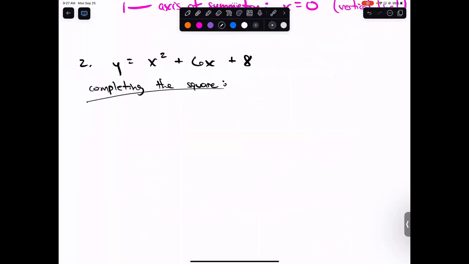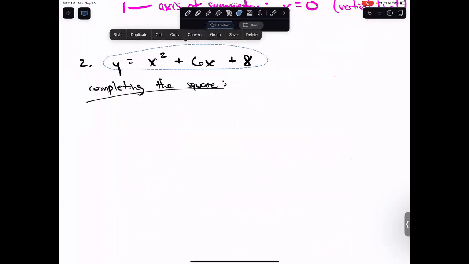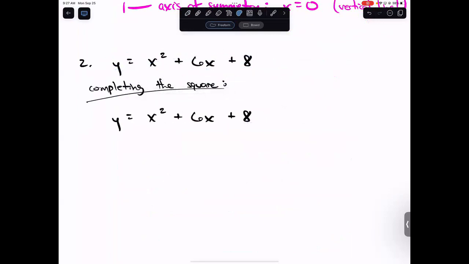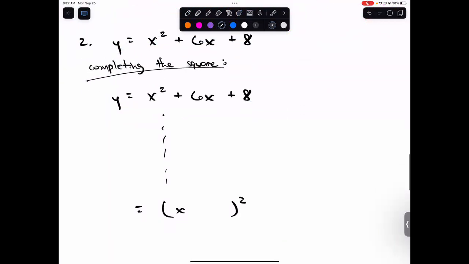All right. The way completing the square works is that we want to do some stuff and end up with something that looks like this, basically, right? A perfect square, factored term with maybe some stuff left over on the outside.